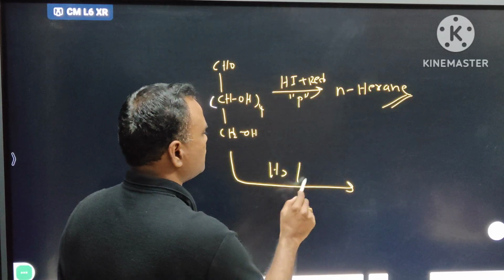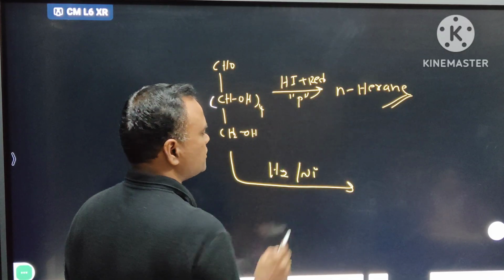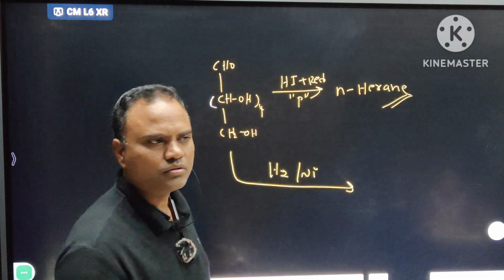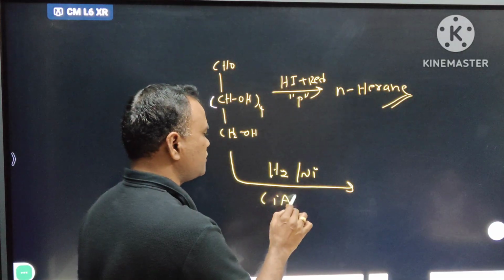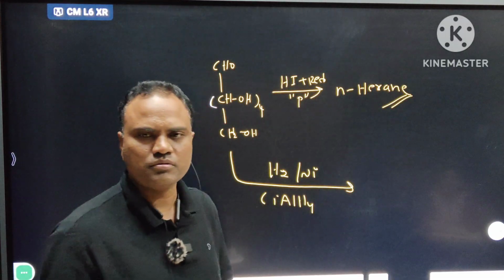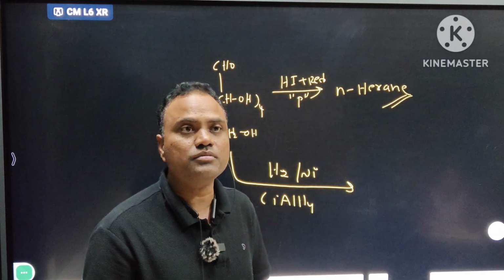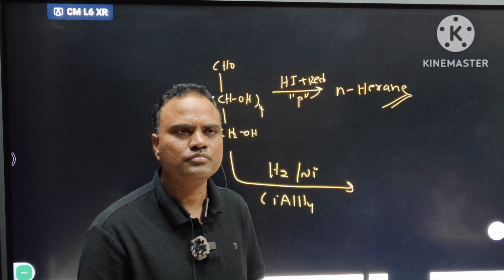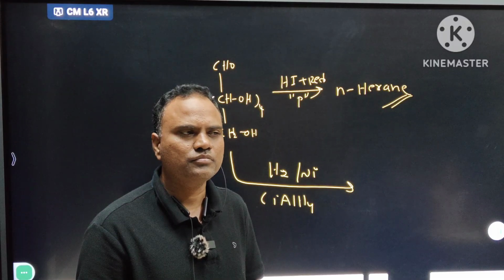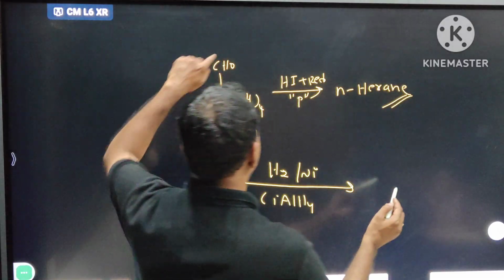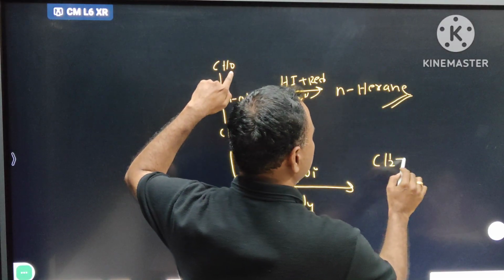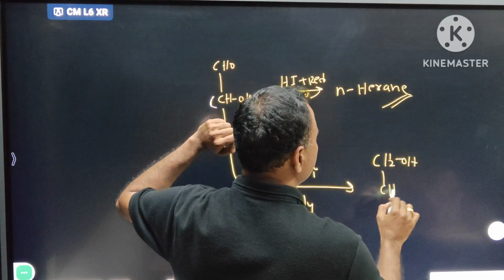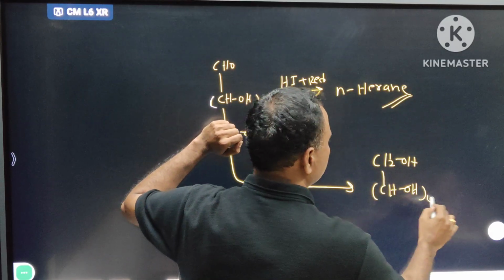What is the product when an aldehyde is treated with H2/nickel or the reducing agent lithium aluminum hydride? CHO is converted to CH2OH.